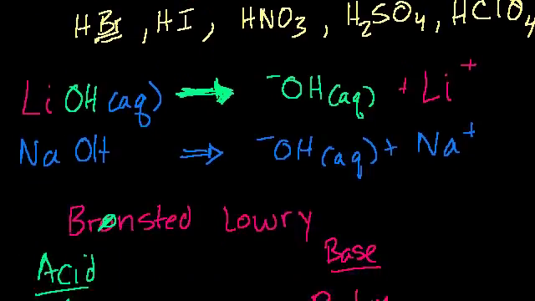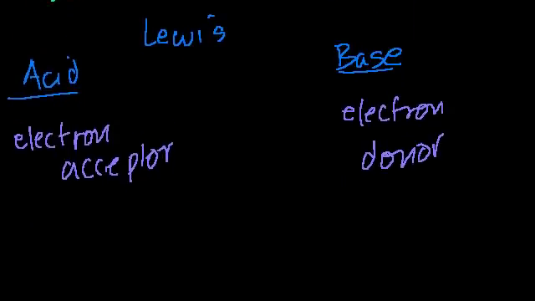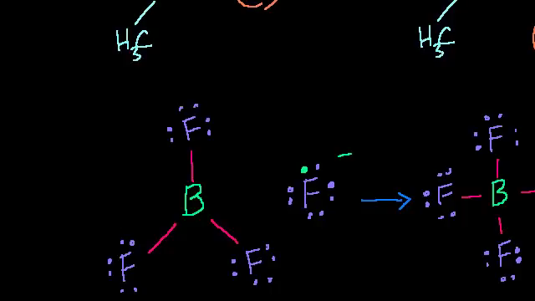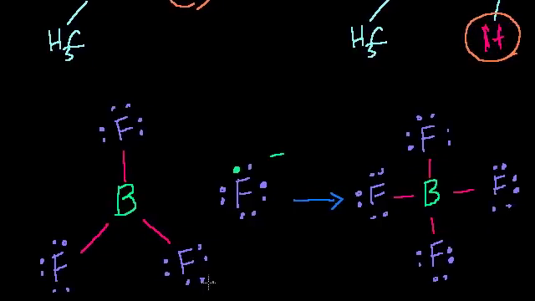But just to show that the Lewis acid-base definition is the broadest, here's a case of a Lewis acid-base reaction that would not be considered either Bronsted-Lowry or Arrhenius, because it doesn't have to happen in water. What you have here is boron trifluoride with a fluoride anion. It has a negative charge, this little extra electron here.